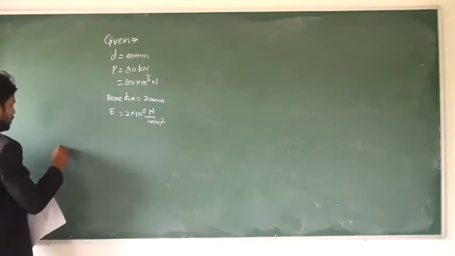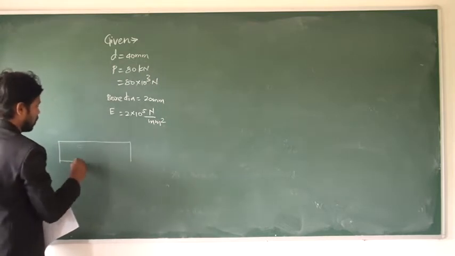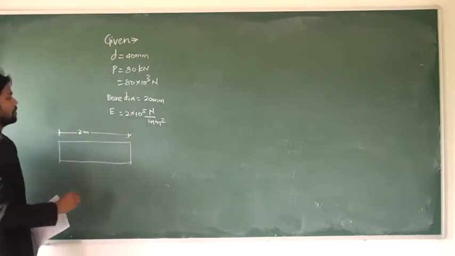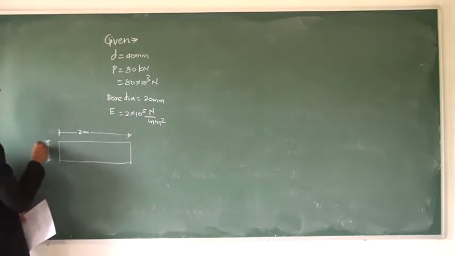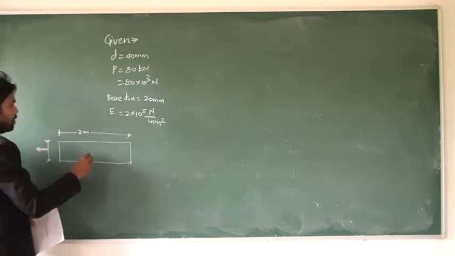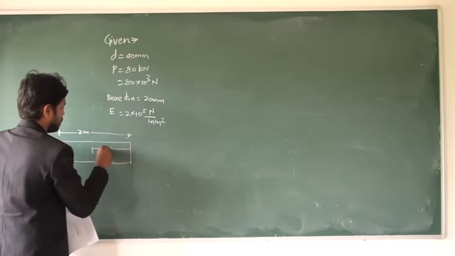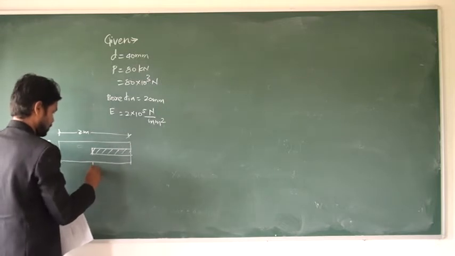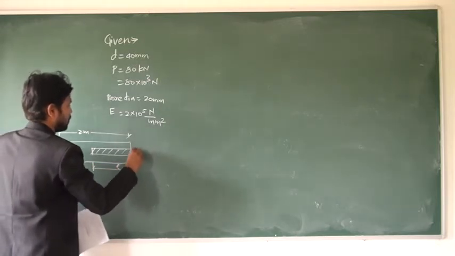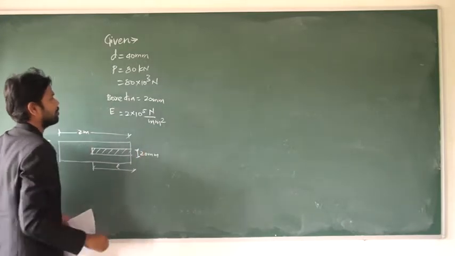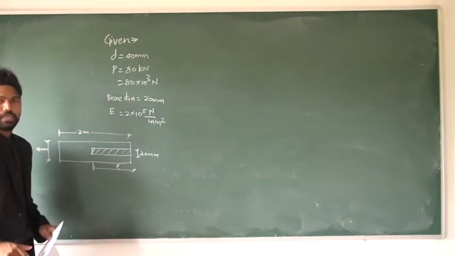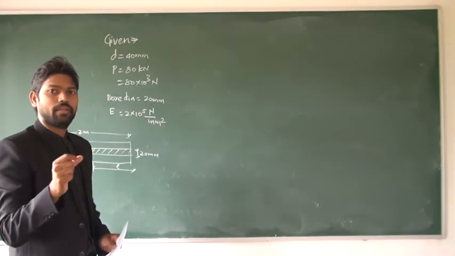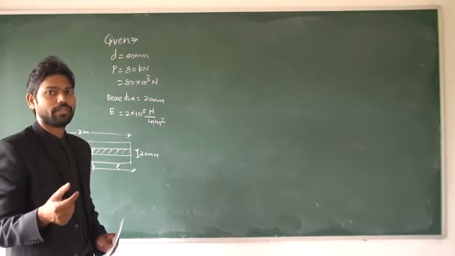Okay, so now see, this is the steel rod, the length of the rod is 2 meter and the diameter is 40. Suppose the rod has a central bore of 20 mm diameter, then what should be the length of the bore such that the total extension will increase only by 20%, not more than that.